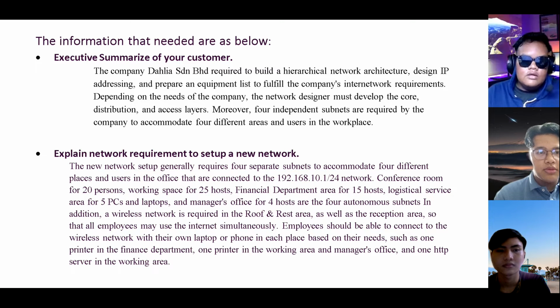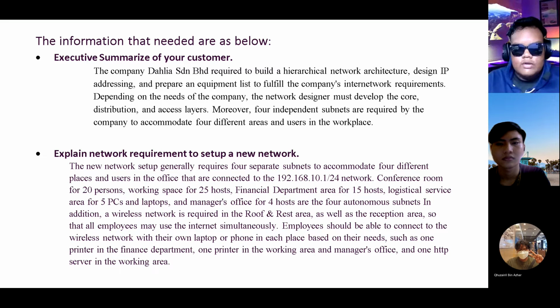Okay, for the next task, explain the network requirements to set up a new network. The new network setup generally requires 4 separate subnets to accommodate 4 different places and users in the office that are connected to the 192.168.10.1/24 network. Conference room for 20 persons, working space for 25 hosts, financial department area for 15 hosts, logistics service area for 5 PCs and laptops, and manager office for 4 hosts are the autonomous subnets.